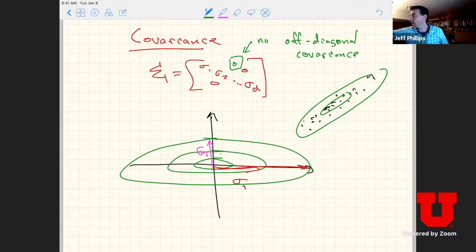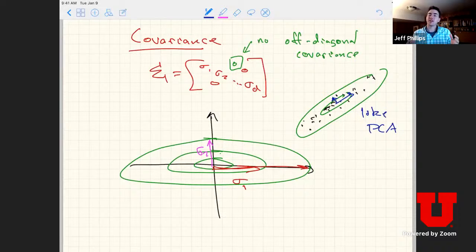In order to do that, I basically need to do something like PCA, so I have to change to a new basis to tell me how to scale. I need a covariance where the elliptical shape is not scaled in the coordinate basis, which means it's not just the diagonal, but there's some other stuff going on.